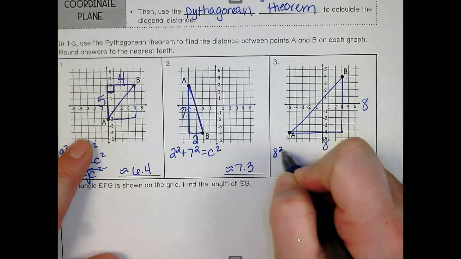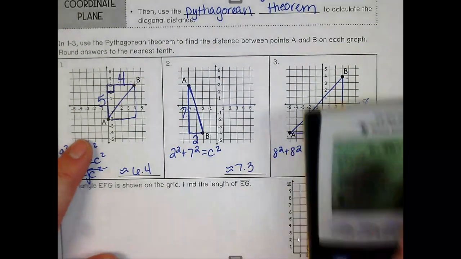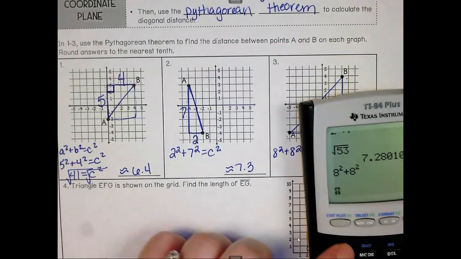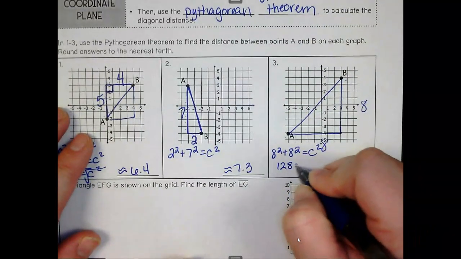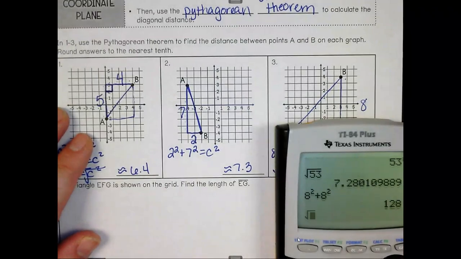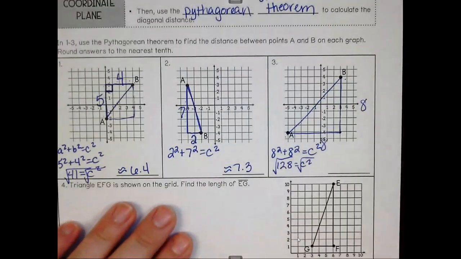So I have 8 squared plus 8 squared is equal to c squared. What do I do to 128? Square root it. 11.3. Okay, 11.3.